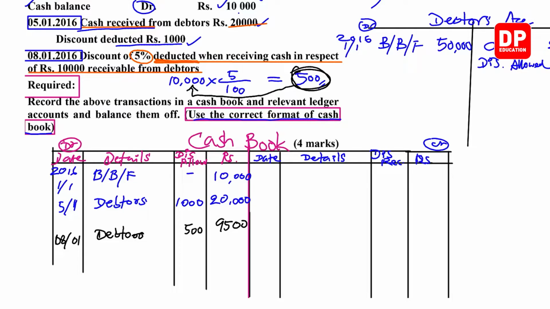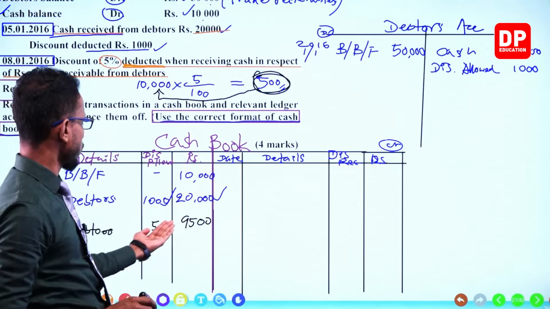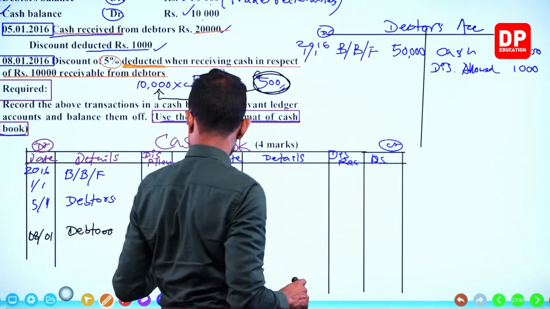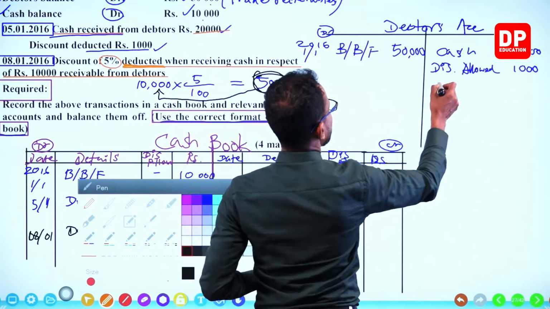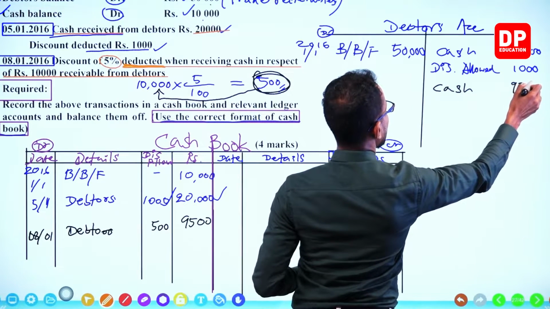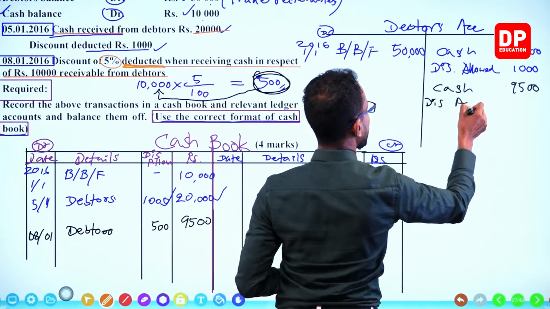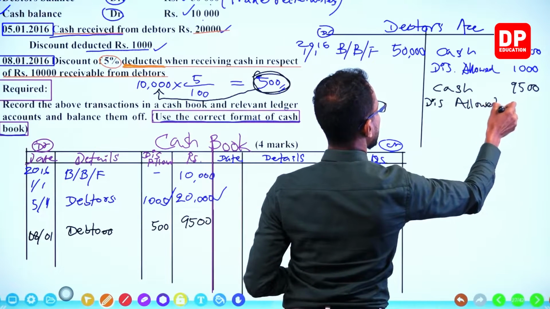This is done. Next, cash 9,500, discount allowed 500.